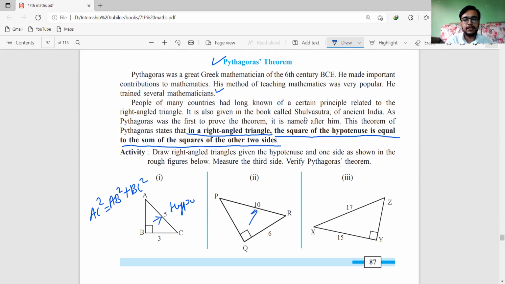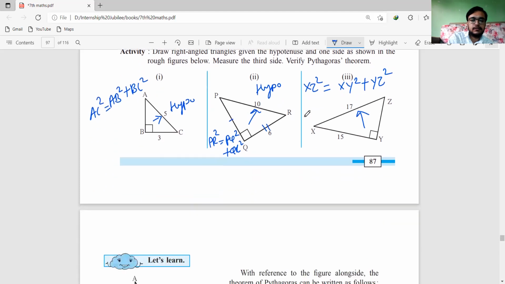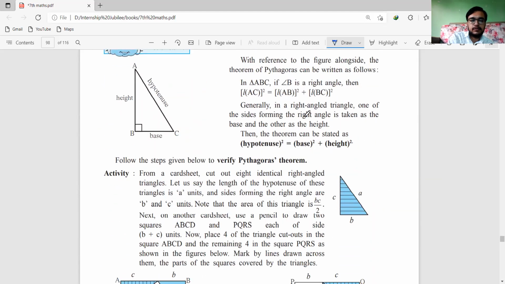In triangle PQR, PR square is equal to PQ square plus QR square. Here XZ square is equal to XY square plus YZ square.